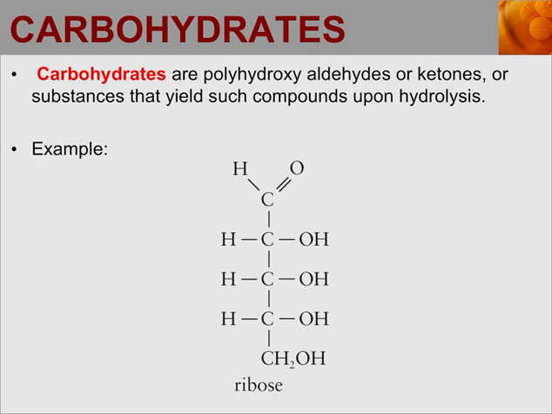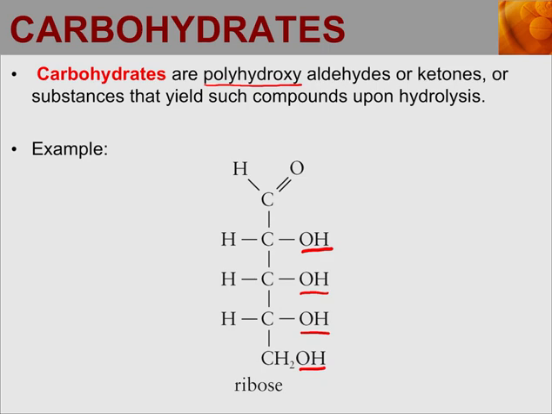So carbohydrates are polyhydroxy, so that means that there are multiple hydroxy groups or OH groups. And down below, you can see an example of a carbohydrate called ribose. You'll notice that there are multiple hydroxy groups in that molecule.